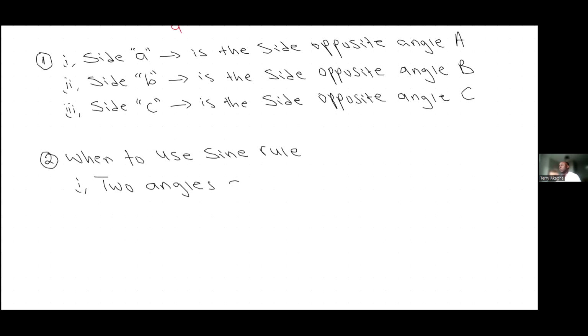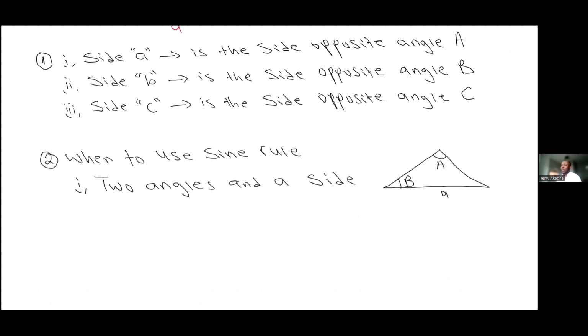Maybe you have angle B, angle A, and one of the sides. So you have two angles and a side.